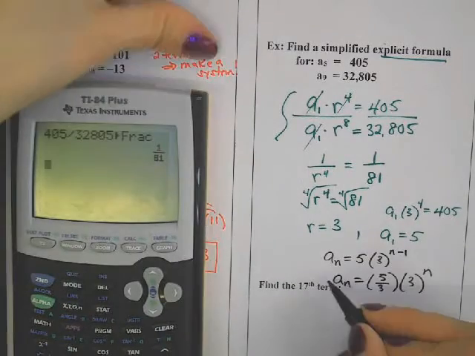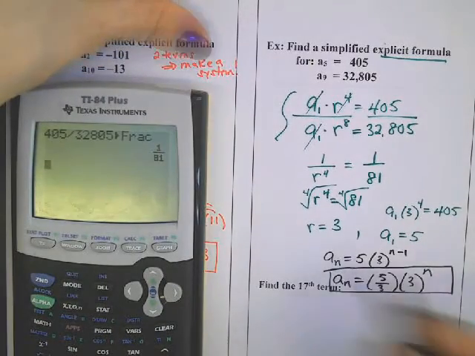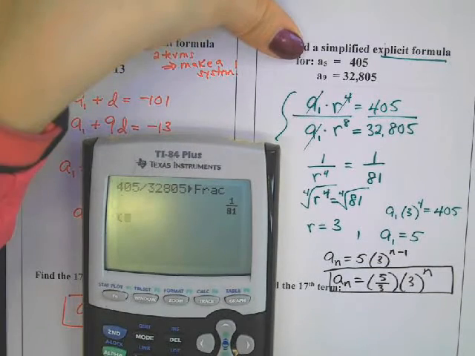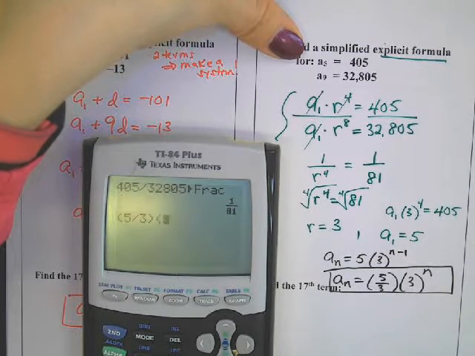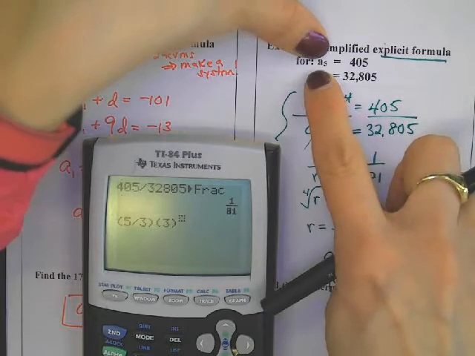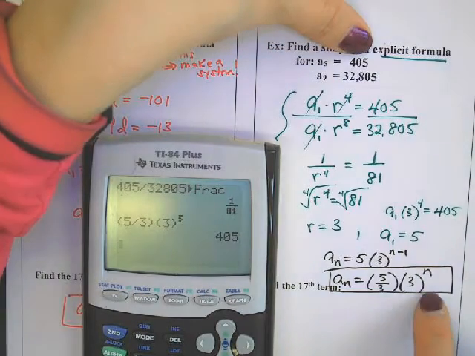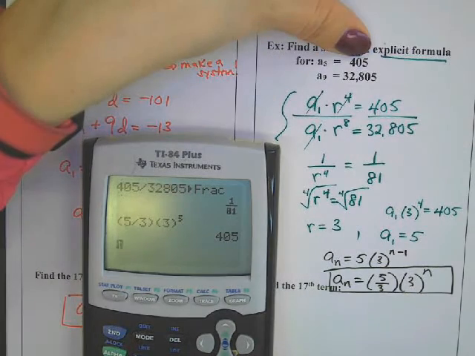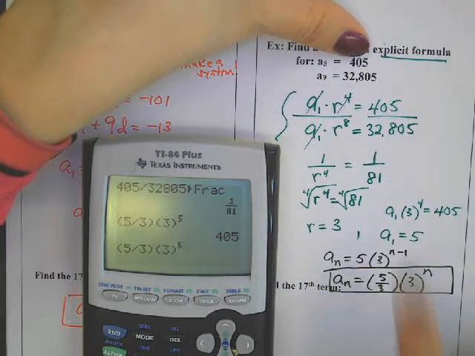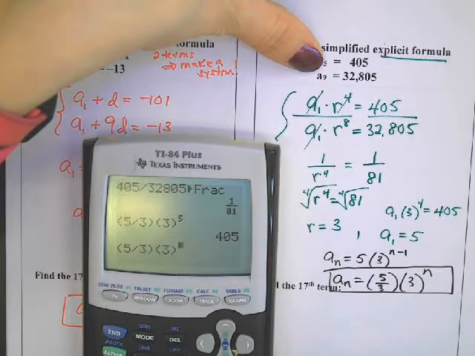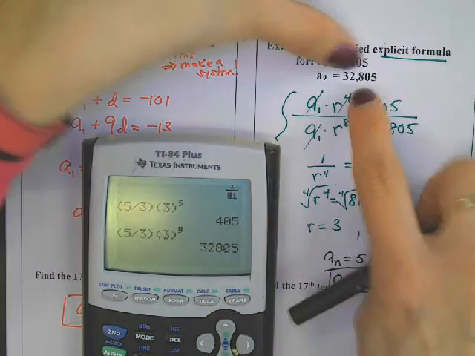I want to make sure that I do indeed have the correct formula. So I'm going to go ahead and take 5/3 times 3 to the power of 5. I want to see if 5 makes the right answer. Good, it's making the 5th term. Let's try again. Second, enter, and I'm going to test 9 to see if it makes the 9th term. Excellent.